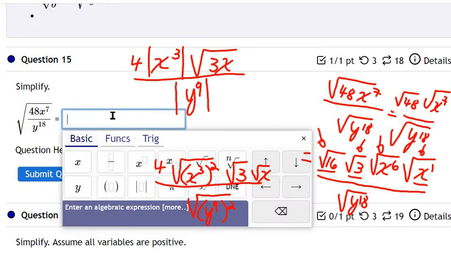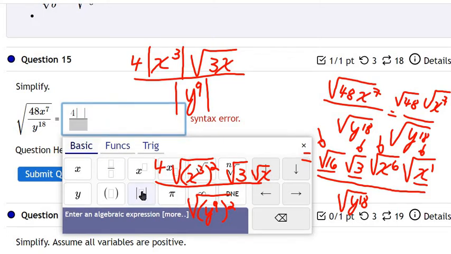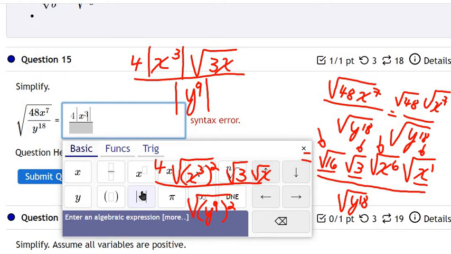We'll make a fraction bar, and the top will be 4 times the absolute value, and there's the button for the absolute value, of x to the power of 3, and then that's multiplied by the square root of 3x.